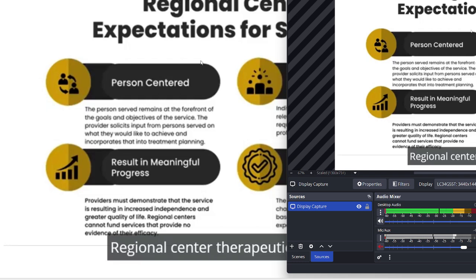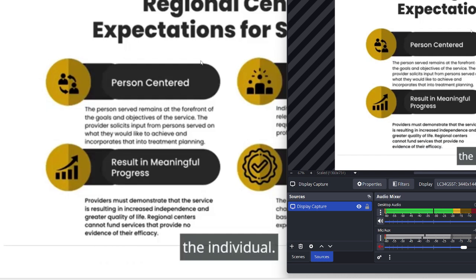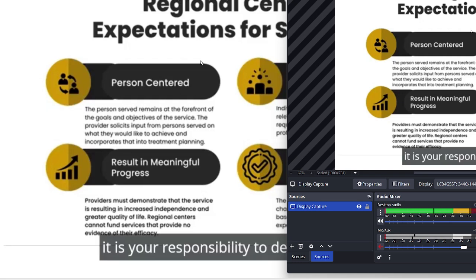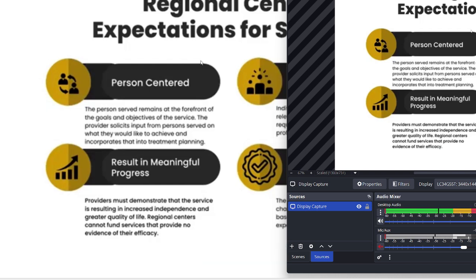Regional center therapeutic services should result in meaningful progress for the individual. As a provider, it's your responsibility to demonstrate that the service is resulting in increased independence and a greater quality of life. Regional center services cannot fund services that provide no evidence of their efficacy.